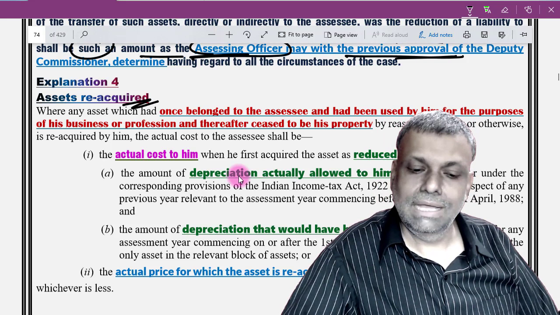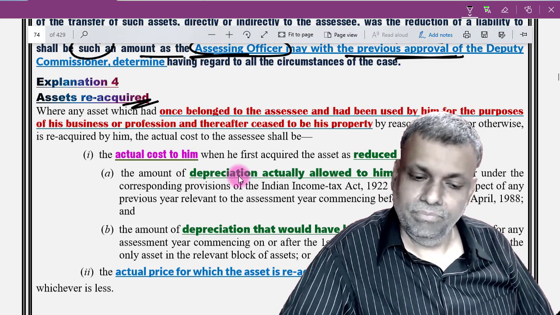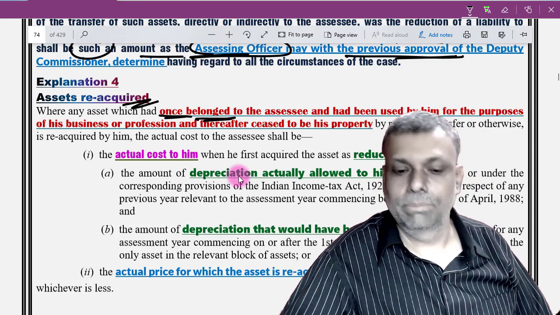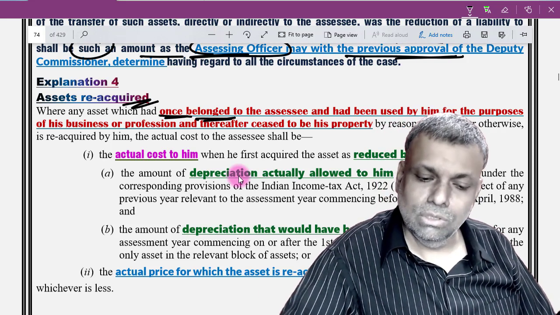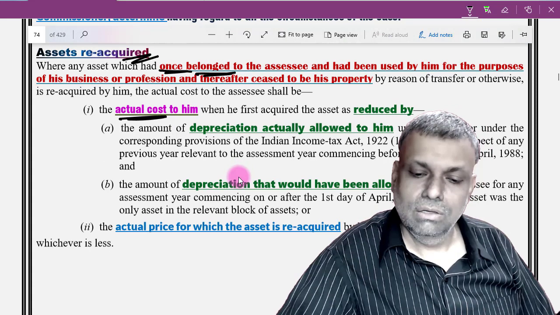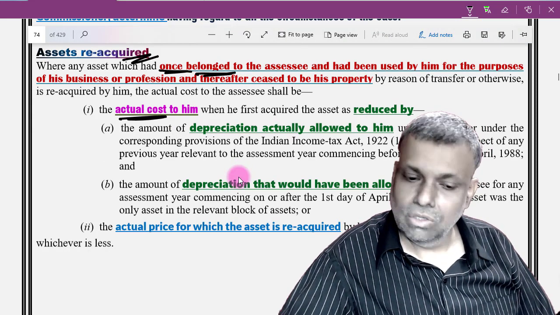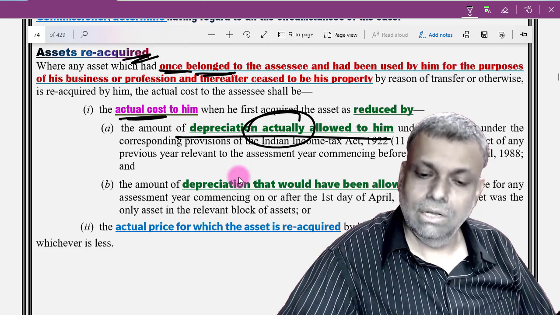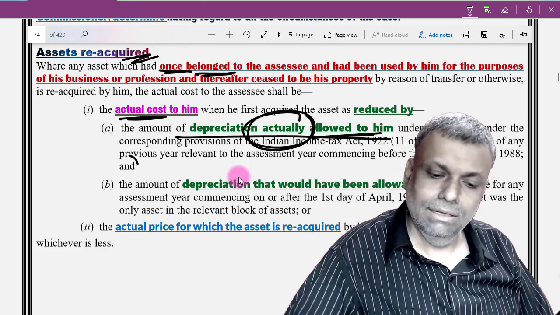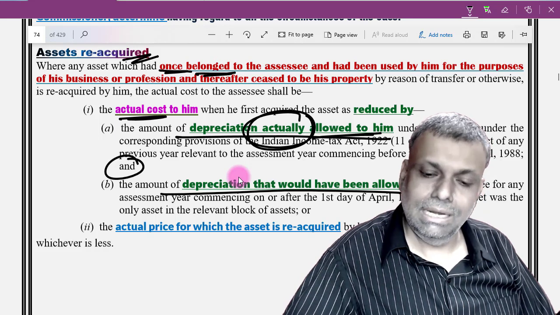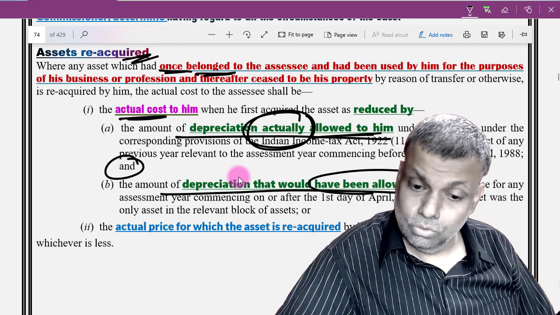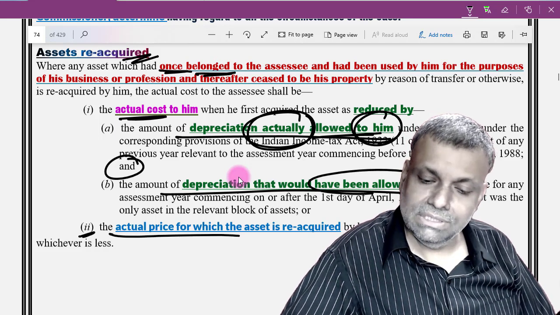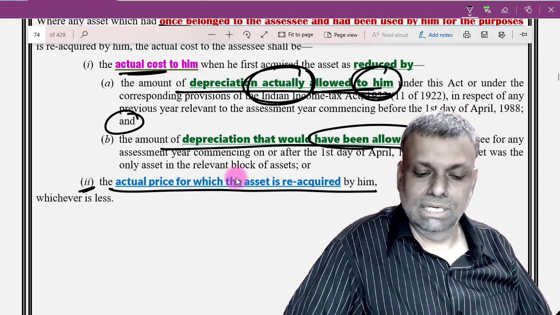If the asset has been reacquired, once it belonged to the assessee and now you are reacquiring that particular asset, then the actual cost to him will be the cost reduced by the depreciation actually allowed to him, and the depreciation that would have been allowable to the assessee, or the actual price for which the asset is reacquired, whichever is less.